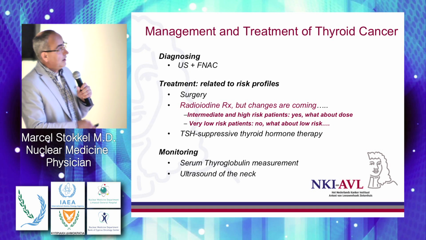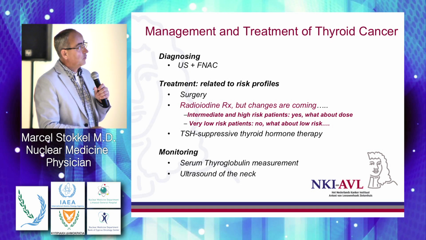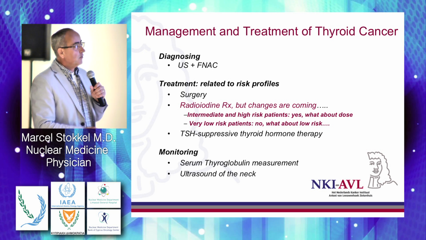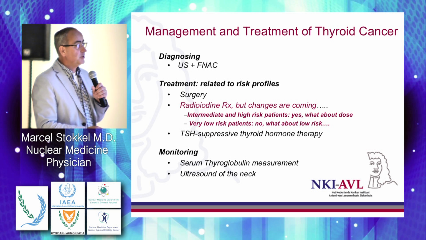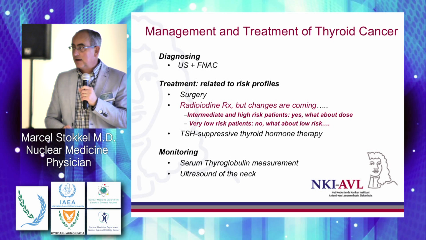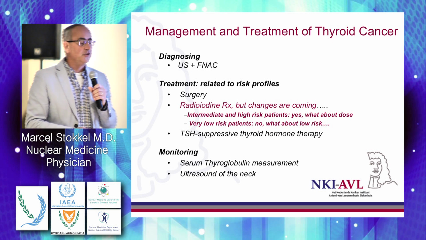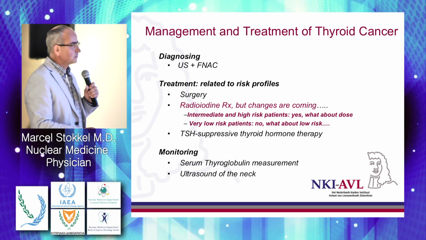In the treatment setting, we know that our role is related to the risk profiles. Radioiodine treatment remains important, but changes are coming, definitely. I'm not sure whether we will get back the intermediate risk profiles in Europe, but be very careful. So in intermediate and high-risk patients, yes, we should ablate. In very low-risk patients, no.